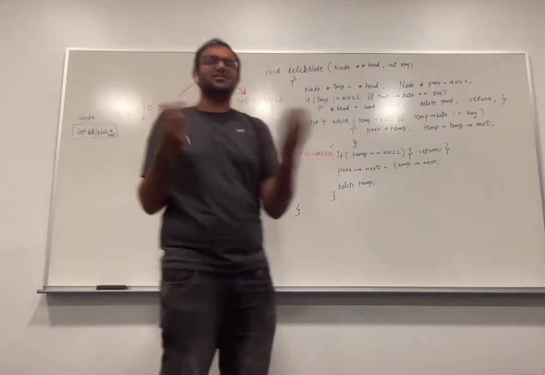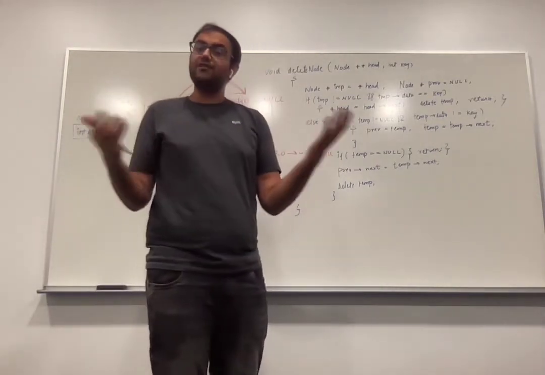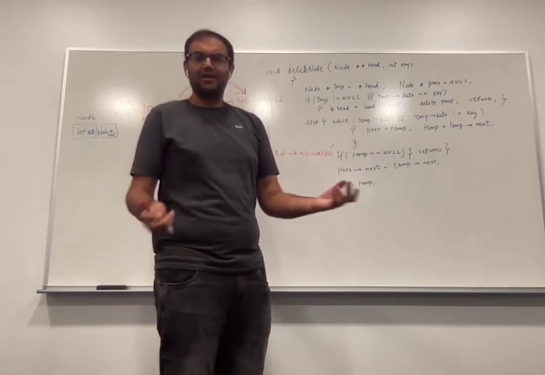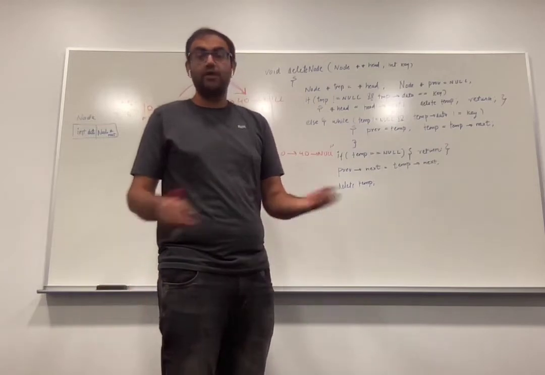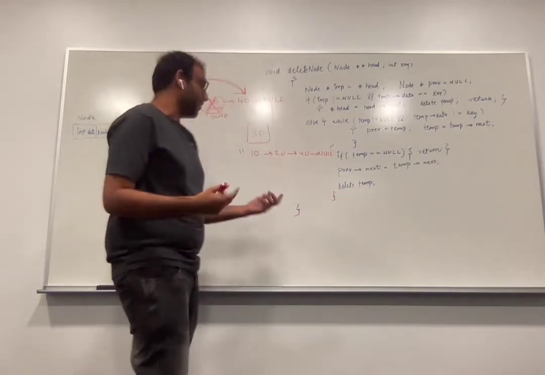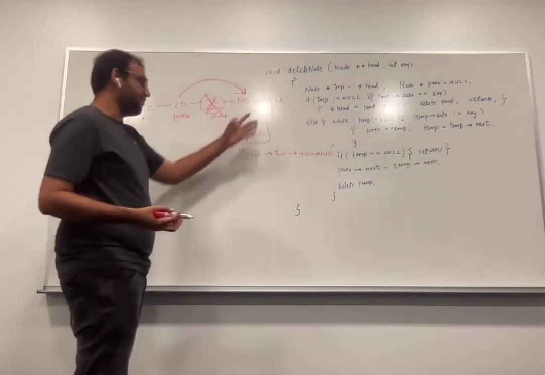Now, what is our third case? What if the value that we are trying to delete doesn't appear in the linked list at all? What to do in that case? Well, we don't need to do anything. But when will that case happen?